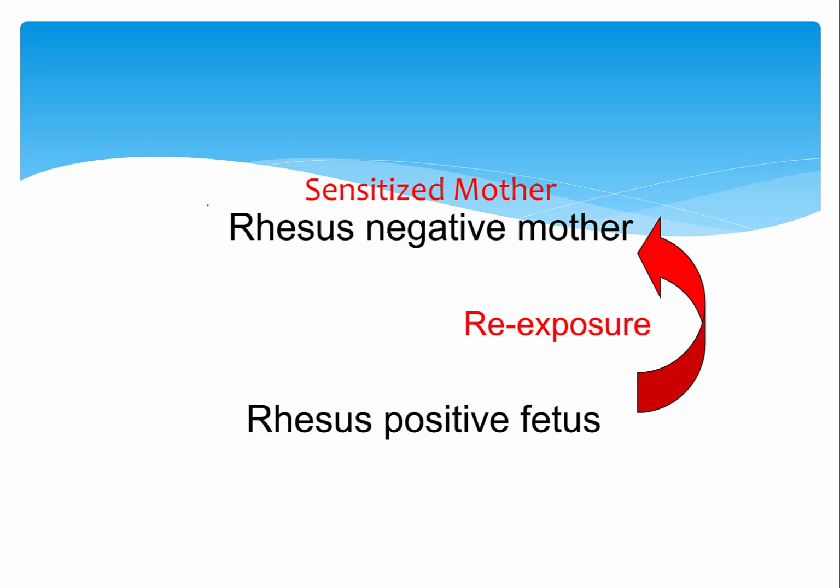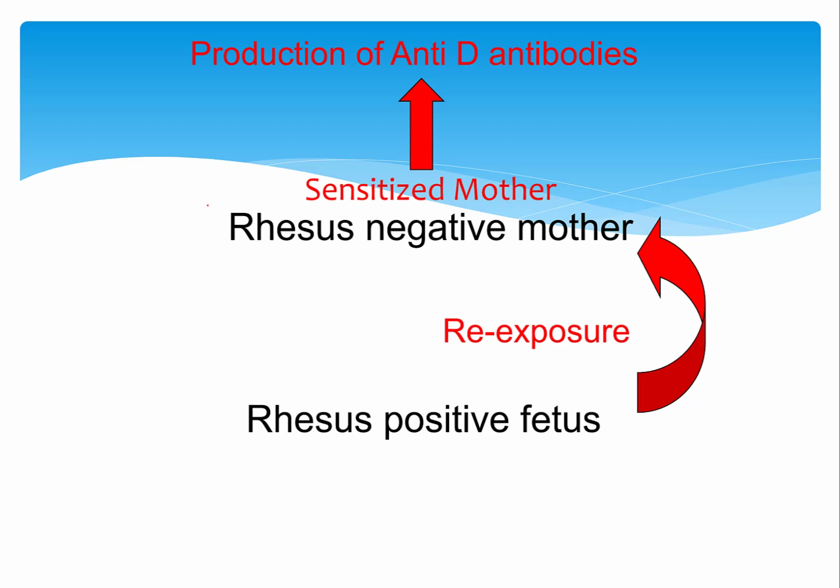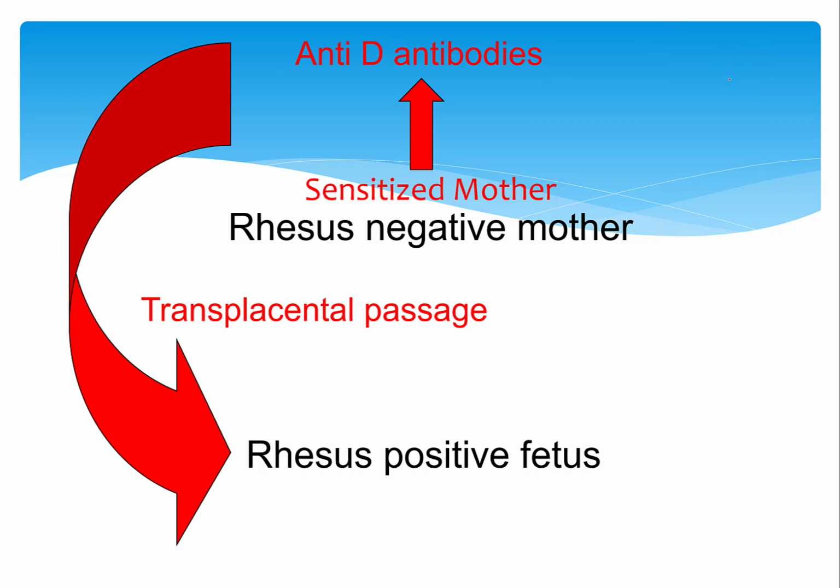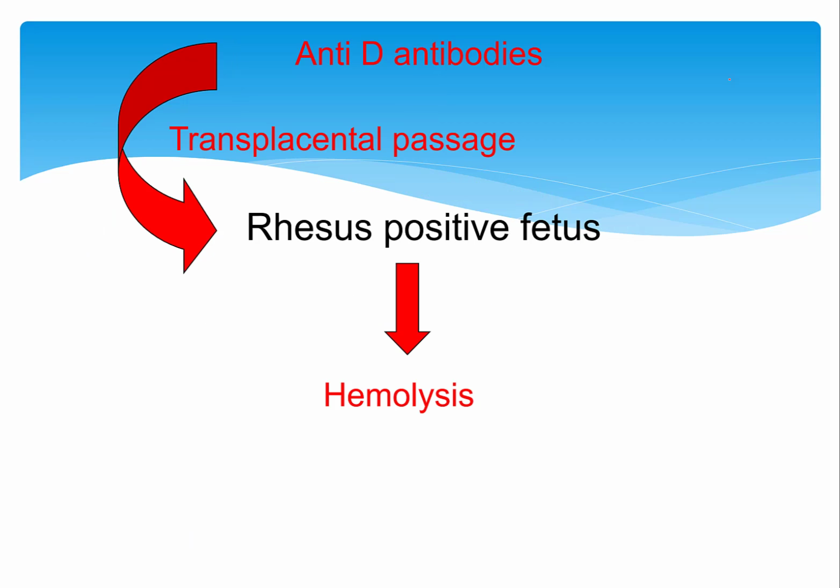She is rhesus negative. Then, there is a re-exposure or second wave of fetal blood coming onto the mother. That produces rhesus anti-D antibodies, mainly of IgG class, which are capable of crossing the placenta.